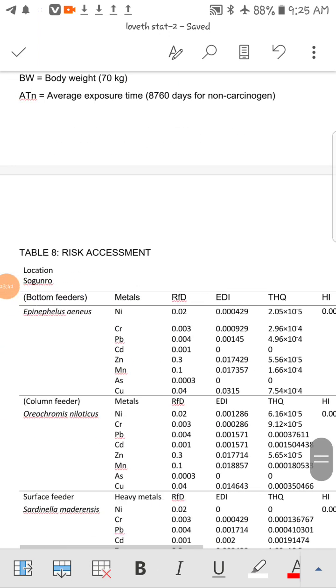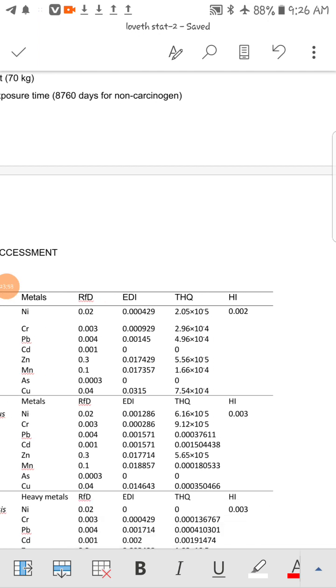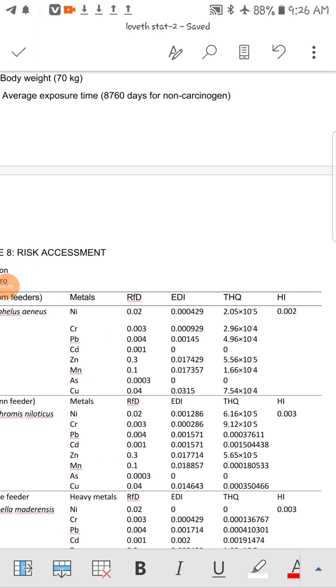So how the risk assessment was calculated was to take one organism from the bottom feeders in one location, like 3 specific kinds of organisms of different feeders: the bottom feeder, the column feeder, the surface feeder, as shown. Calculate the risk assessment, and of course you've seen the formula of how to calculate the estimated daily intake, which is the concentration of heavy metals of Nike. Don't forget it has been converted.